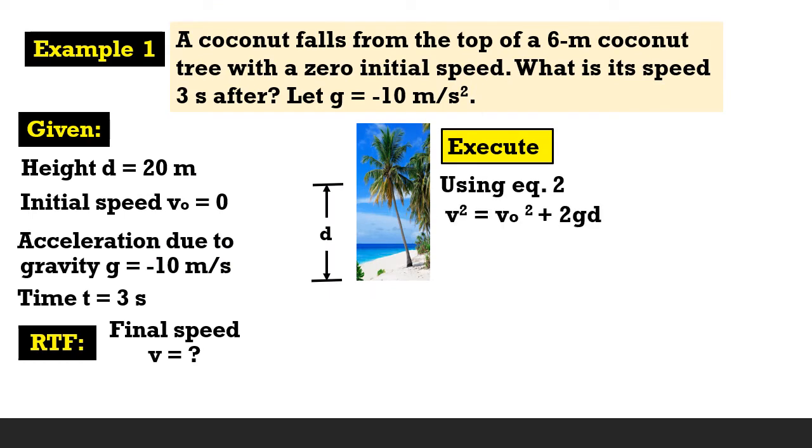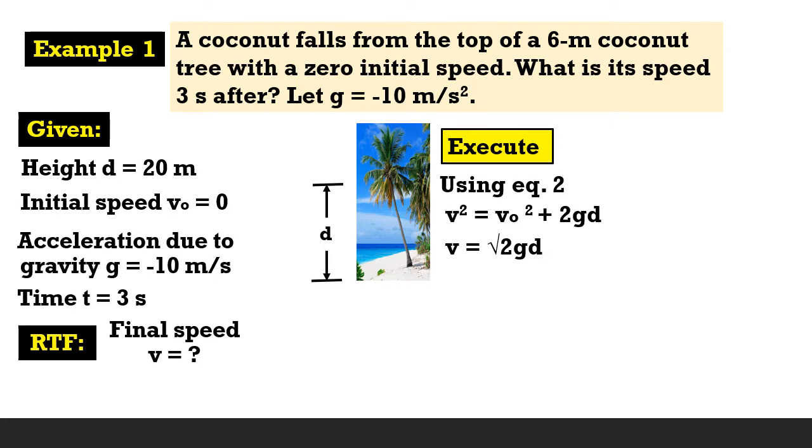Since the initial velocity is 0 and we're solving for v, the derived working equation is now v equals the square root of 2gd. That means 2 times acceleration due to gravity times the displacement. So we get the square root of this product.